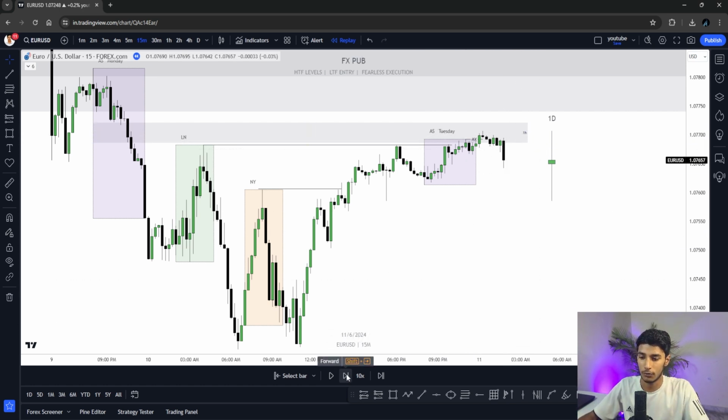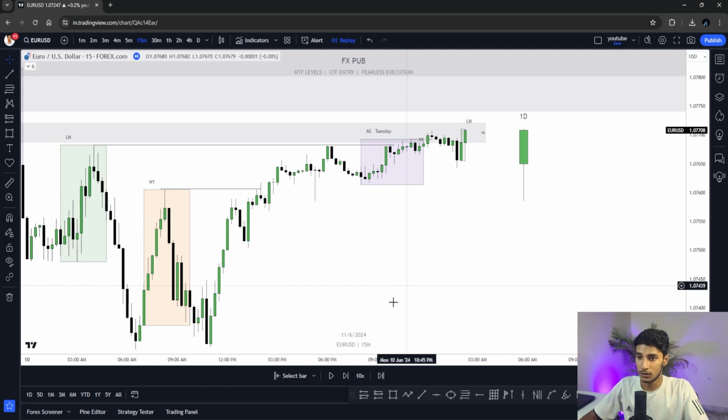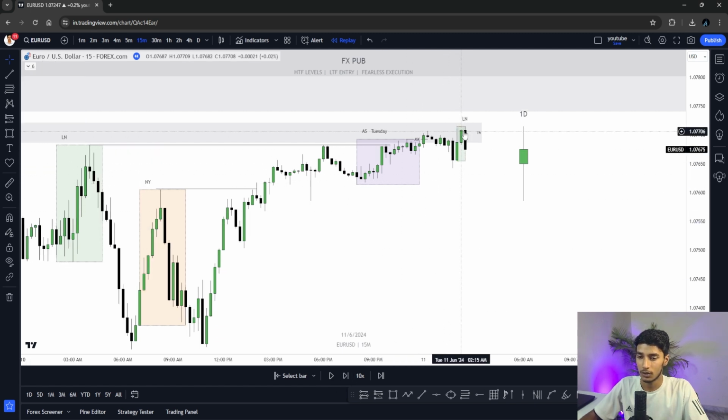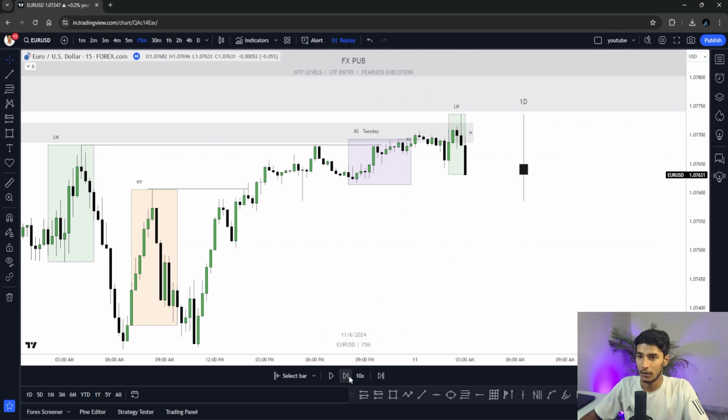We need some kind of confirmation, the structure break. See, they tapped once again, swept the highs, and currently they are going up, seems rejecting, they swept the high again, and what is happening now?